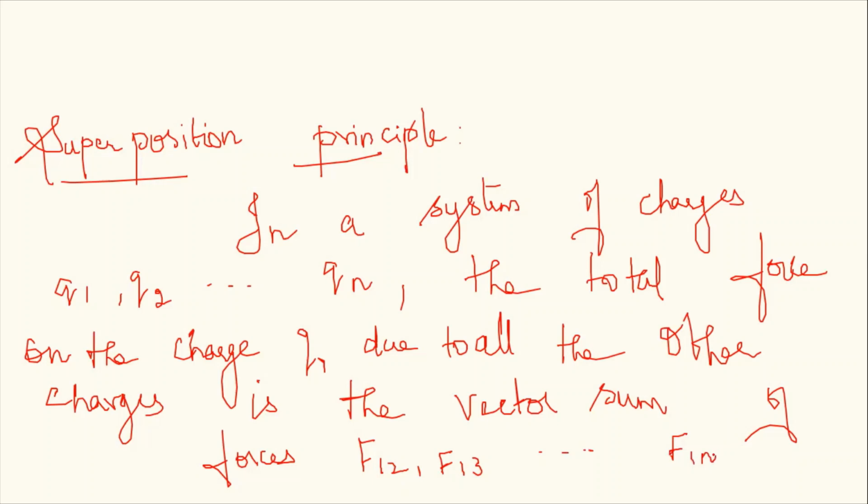This is superposition principle. Okay. The vector form of Coulomb's law is a very important question, which is repeatedly asked for the board exam. Please have an understanding of that.